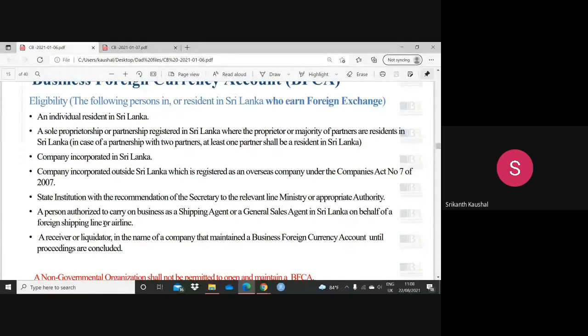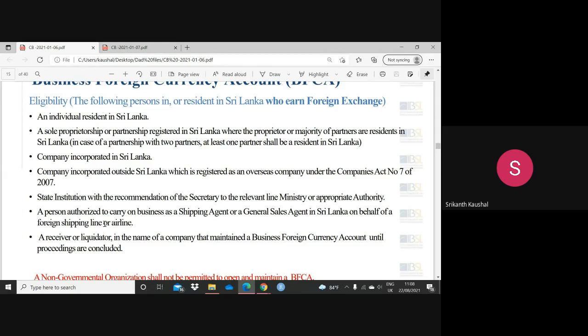So take an example, there's a guy selling Tambili in front of Hilton Hotel or in the Fort area, closer to a 5-star hotel. There's a foreigner walking. When the foreigner was walking in, he wanted to have a Tambili. So he buys a Tambili. Let's say the foreigner gives foreign currency to the Tambili person.